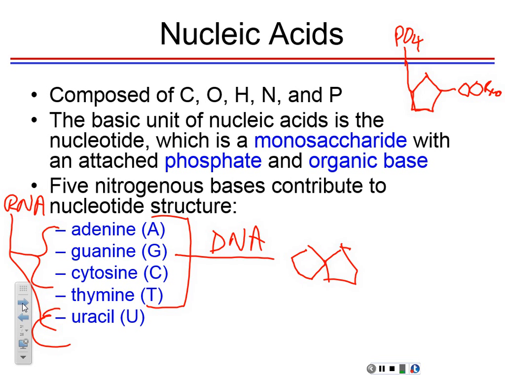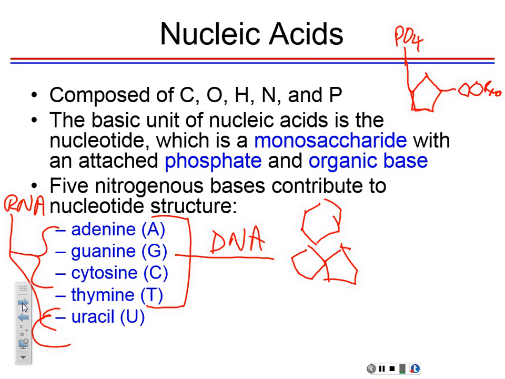And then the thymine and cytosine are just one ring. So that means the one-ring one will pair with the two-ring one in the double-stranded DNA. Otherwise, if one ring and one ring, they won't fit because they won't touch. If you have two ring and two ring, they'll be too long.